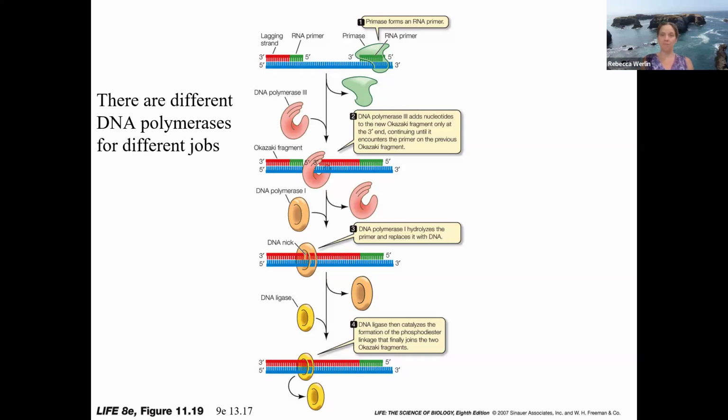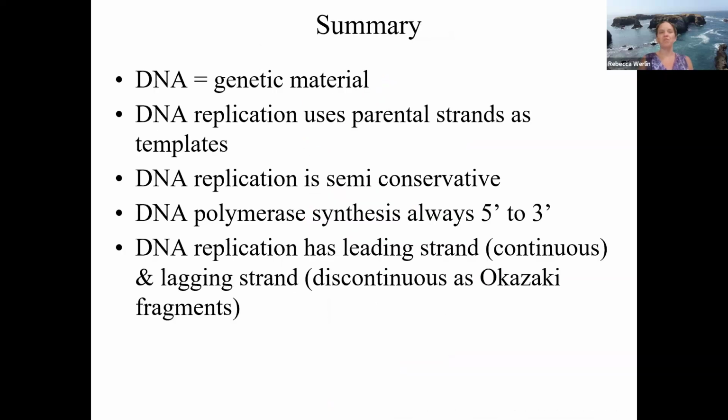So DNA polymerase 1 removes all its RNA primers, replaces them with DNA, and then its job is done. It cannot form a final single covalent bond between a 5' phosphate and a 3' hydroxyl. So yet another enzyme called DNA ligase is going to come in and ligate or join all the nicks.